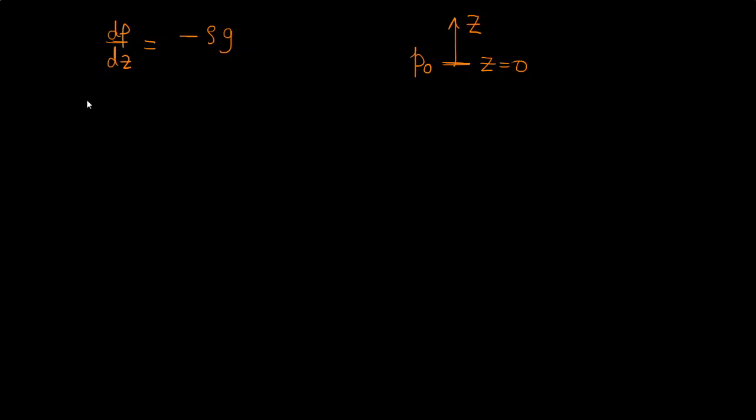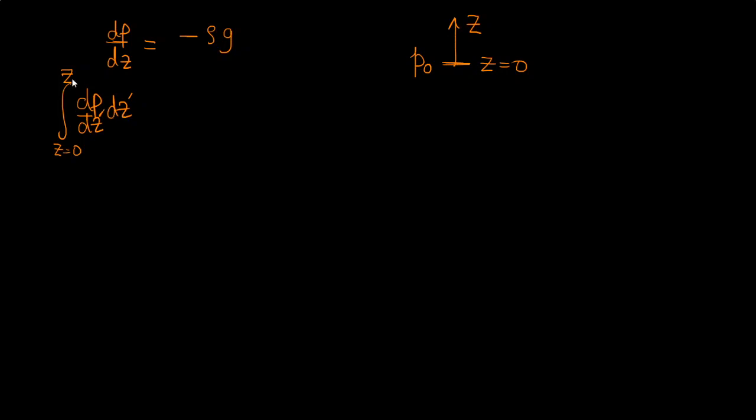So let us integrate this equation along z. So dp dz, integration from z equal to 0 to some arbitrary z. If we want to integrate it to some arbitrary z, the inside z must be set to a dummy parameter of integration.